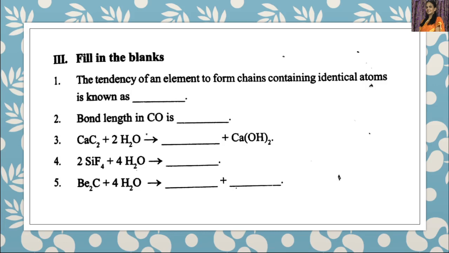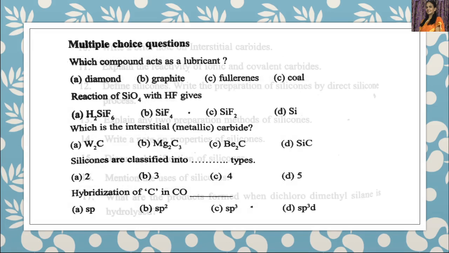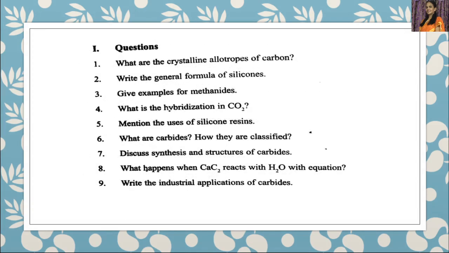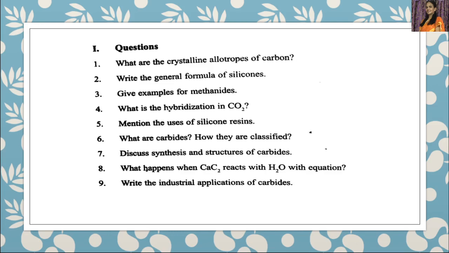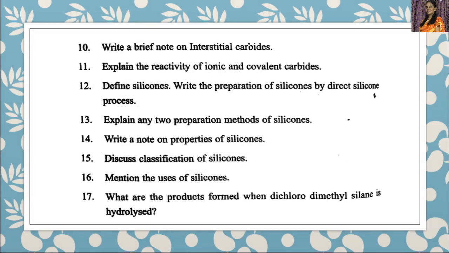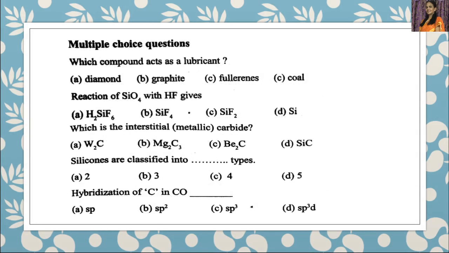In this we discussed the chemistry of carbon and silicon, and we have also discussed a number of different types of questions, short answer and long answer questions, that we come across from this lesson. So these are the questions we come across, and these are the multiple choice questions you will face in different entrance examinations.